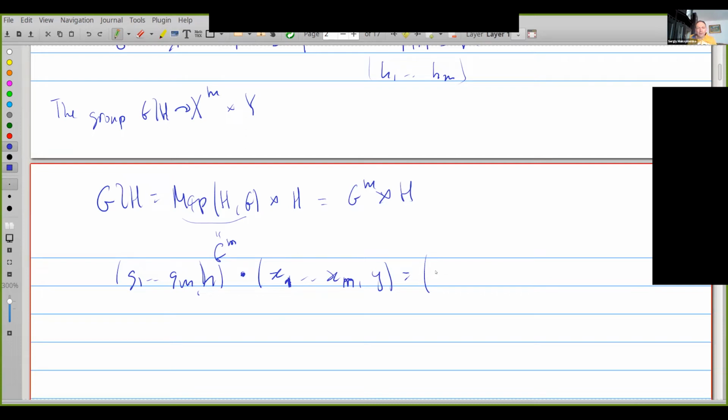So I do the following: G1 will act on X_H(1), where I denote by H(1) the corresponding coordinate, and G2 acts on X_H(2), and so on.